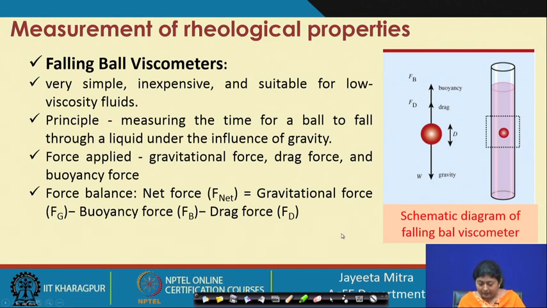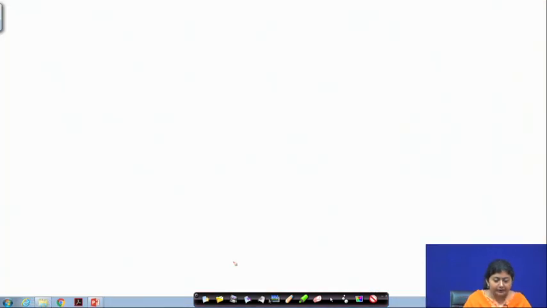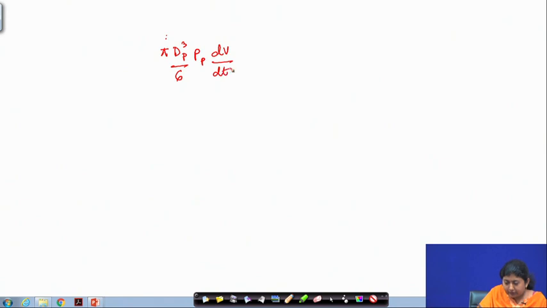So, let us see how, in the equilibrium condition, when the ball attains the terminal velocity, what will happen. The net force is pi dp cube by 6 into rho p into dv by dt.